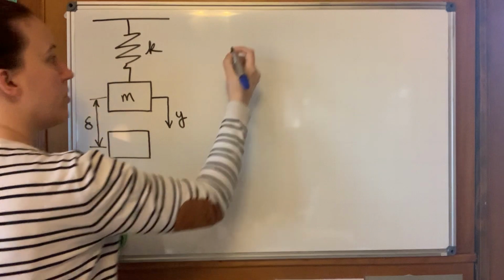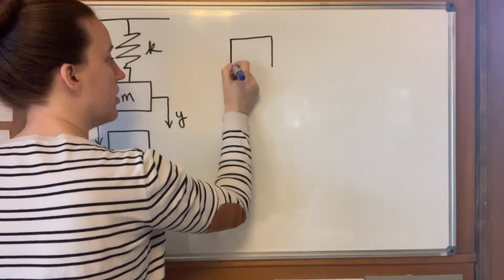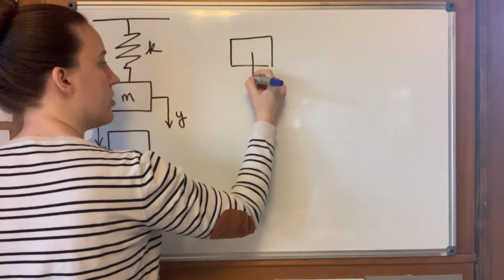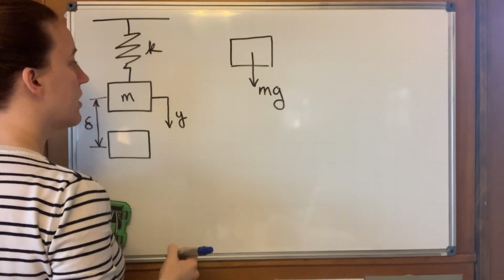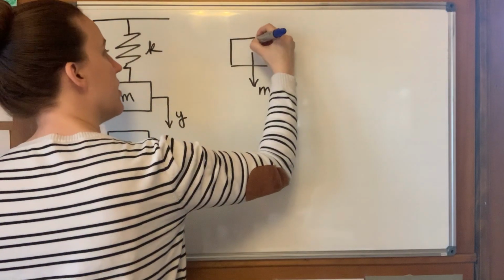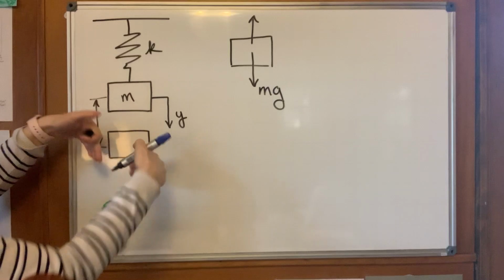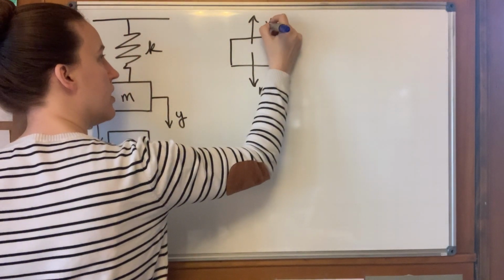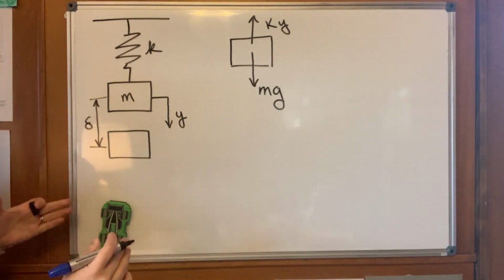If we draw a free body diagram from the unstretched position here, then we're going to draw all the forces: mg, the weight, and then if it has moved to some small y, then we know that if it's moved positive y, the spring force is up this way. So we can draw ky here. And these are the forces.